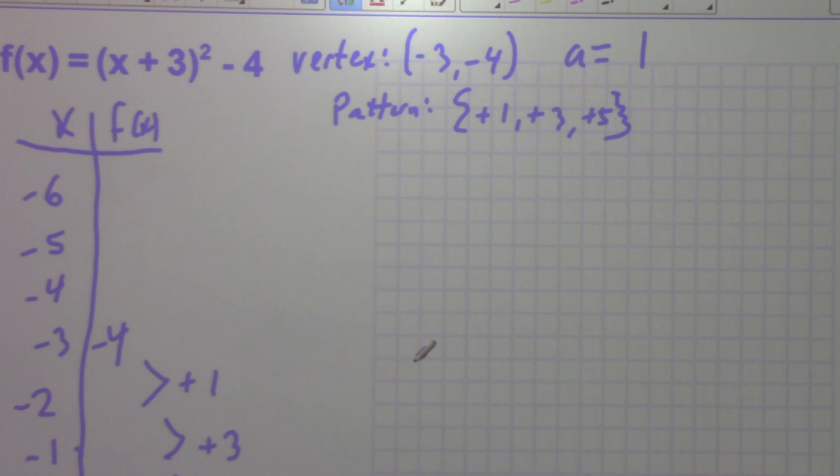So -4 + 1, -3. -3 + 3, 0, 0 + 5, 5. And now we can just do the same thing over here, right? -3, 0, 5. And now do we have something that we can graph?